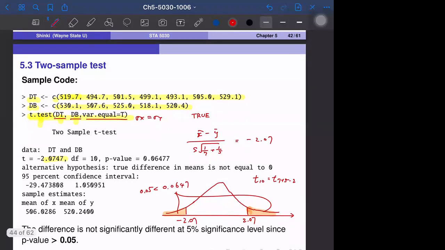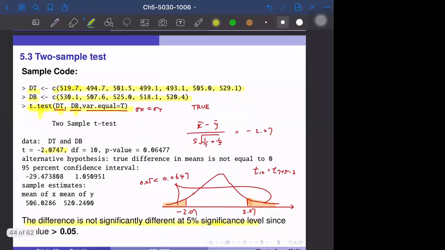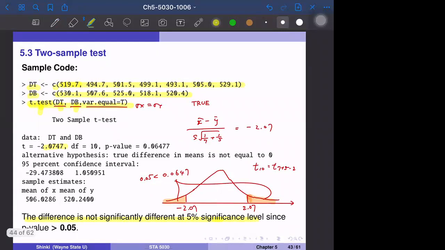The difference is not significant at the 5% significance level. It looks like Dearborn has a higher score on average, but the sample size is very small, so we cannot get a strong conclusion. If you want to see the difference, we have to sample more schools.